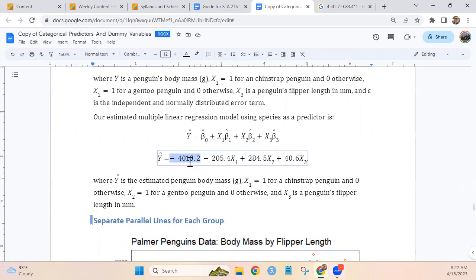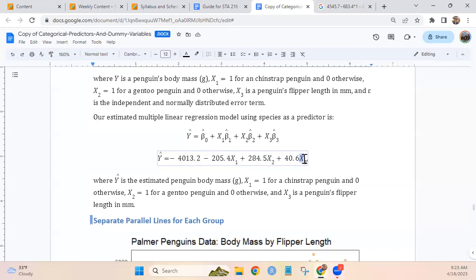Yeah, flipper length of 0, and then what else about the penguin does it correspond to? So this is 0 is the flipper length. And then it's an Adelie penguin, because this being 0 means it's not chinstrap. This being 0 means it's not Gentoo.